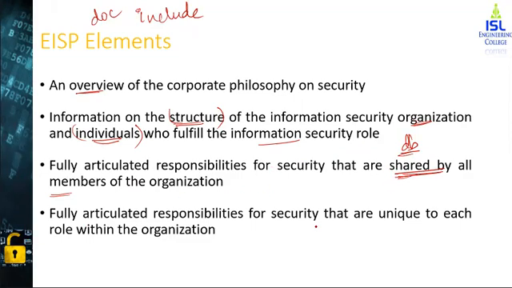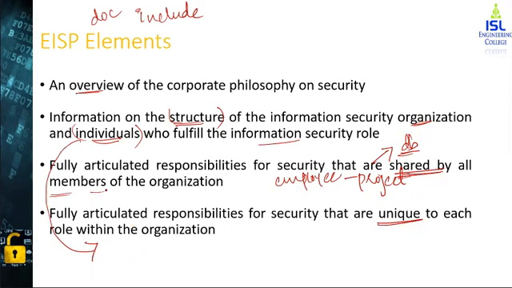Then fully articulated responsibilities for security that are unique to each role. The previous point is for a set of employees working on a specific project, each of whom requires access to the specific database. Whereas a few individuals involved in information security are going to fulfill this role, and these people need to have some specific access rights.